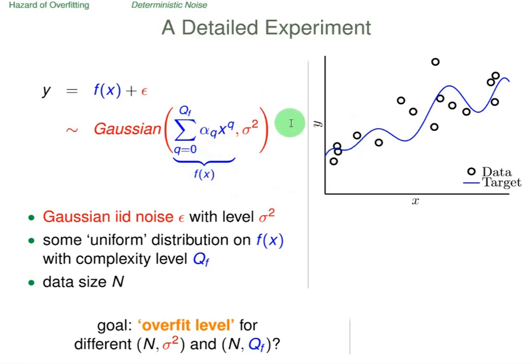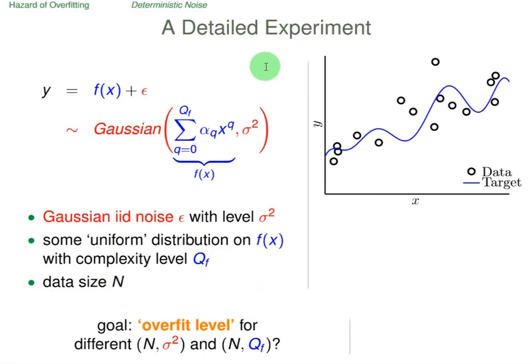Once this noise is added, the polynomial formed will be more interesting to investigate. The factors that seem to affect overfitting will be the noise level, which is sigma, and target complexity, which we called QF. And we also have the size of the data.